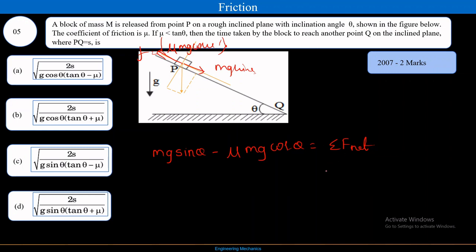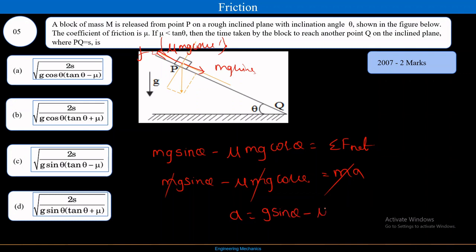Net force is nothing but ma, so ma equals mg sin theta minus mu mg cos theta. The mass will get cancelled, so my acceleration is g sin theta minus mu g cos theta.